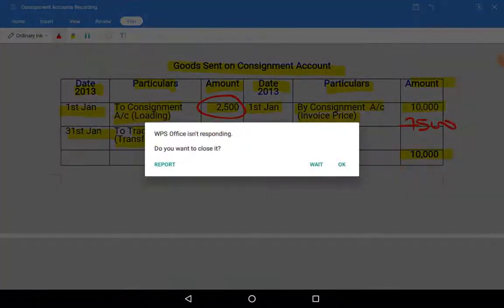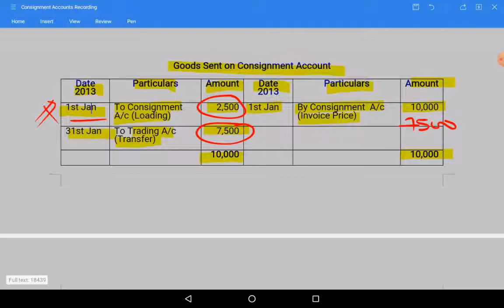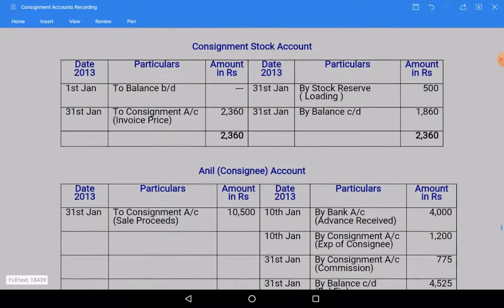In the invoice price method we are having both the invoice price and the cost price loading, but in the case of the cost price method this amount will not be there, so keep it in mind. Let us see the next ledger account without wasting any more time.